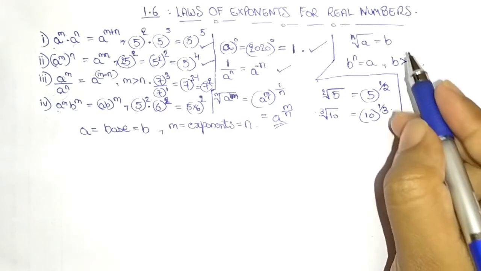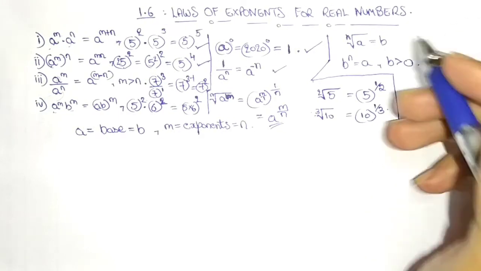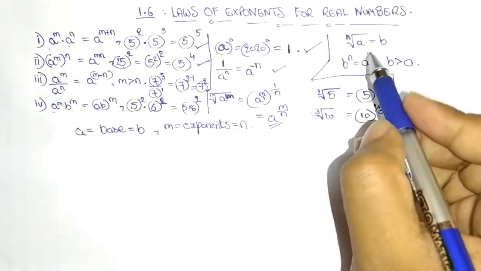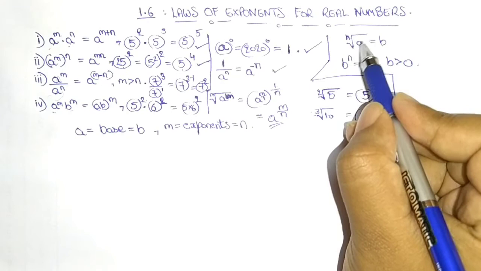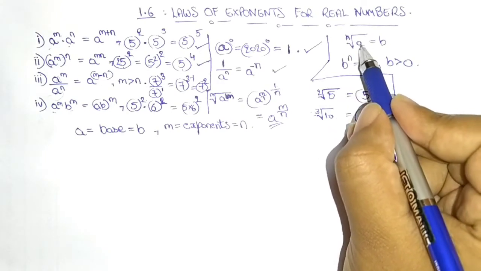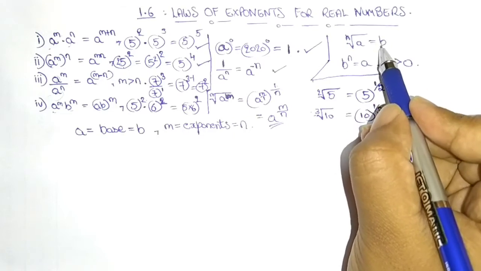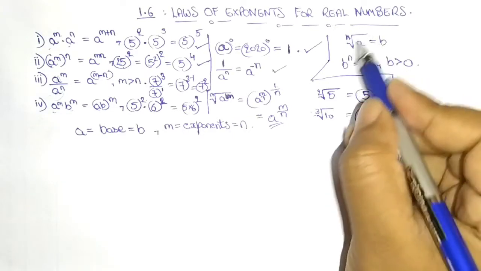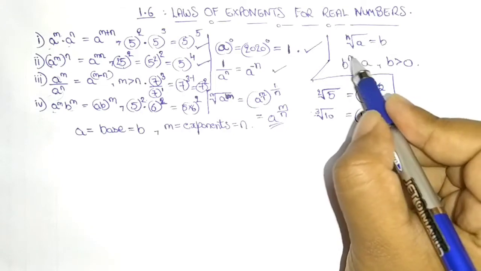Now here there is another result interpretation. Here it is nothing but the same thing. If any number is given as nth root a is equal to b, then we can write this in this form.